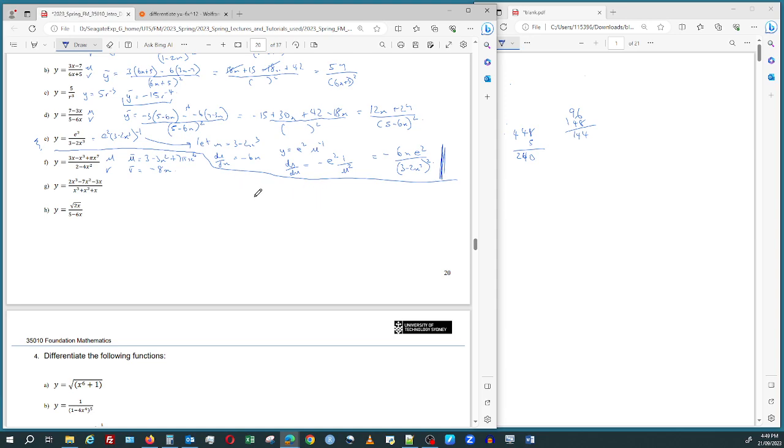So y dash will be equal to u dash, which is quite a big term, isn't it? 3 minus 3x squared plus 7 pi x6, all in brackets, multiplied by v, 2 minus 4x squared, subtract minus 4 minus 8x, and the other one is 3x to the numerator.